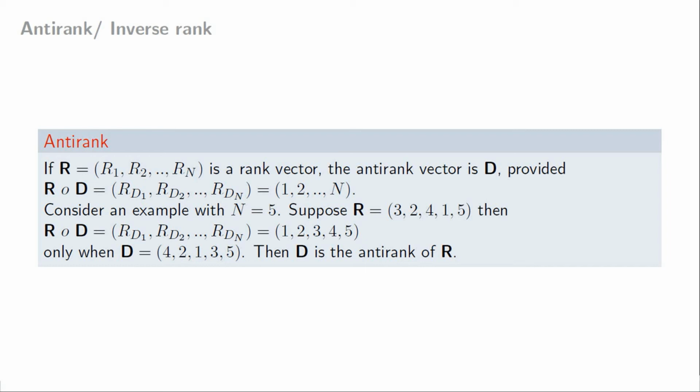That is, D is the antirank vector if the composite function R of D comes out as 1, 2, up to n. So if we consider an example with n equal to 5, suppose the R vector comes out as (3, 2, 4, 1, 5), then we get the composite function R of D as (1, 2, 3, 4, 5) only when D takes the values (4, 2, 1, 3, 5). Then in this case D is the antirank of R.